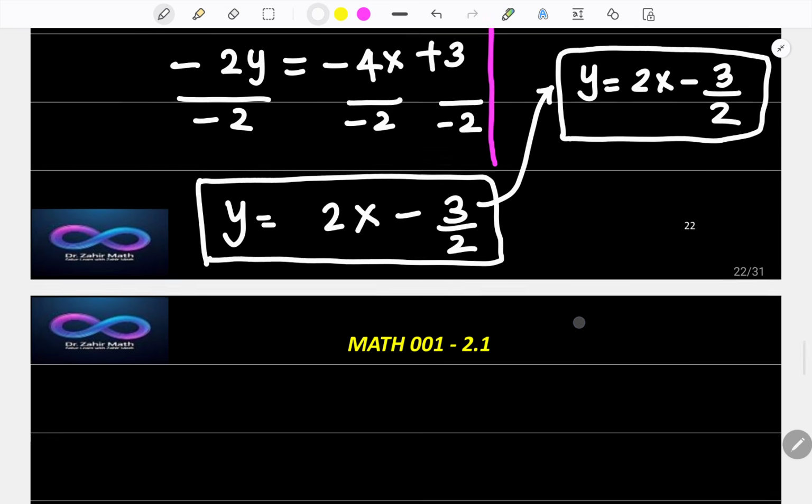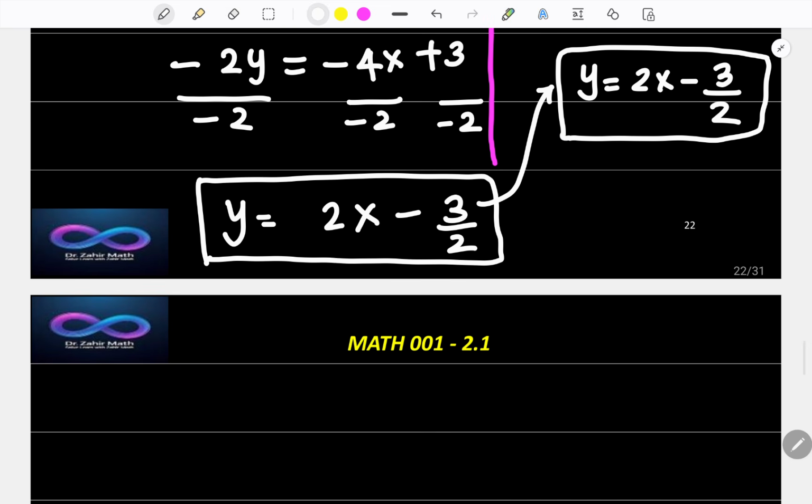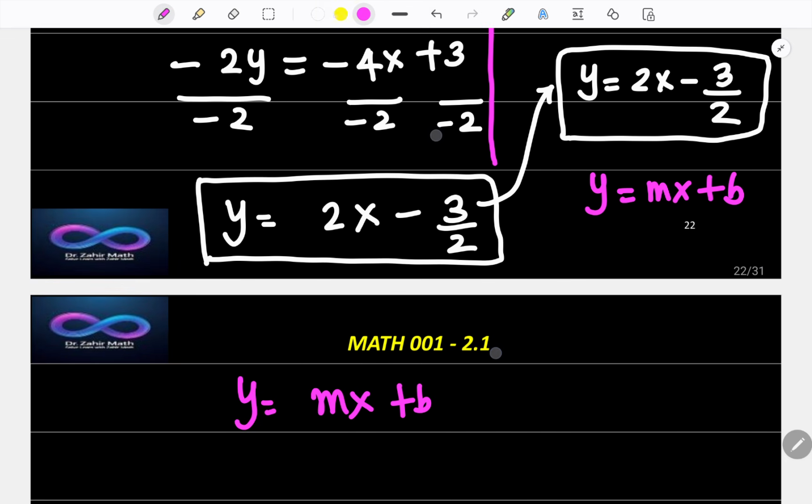Yes. Now this is of the model y equals mx plus b. So what is your m? Your m is 2. Clear everybody? Your m is 2, right?